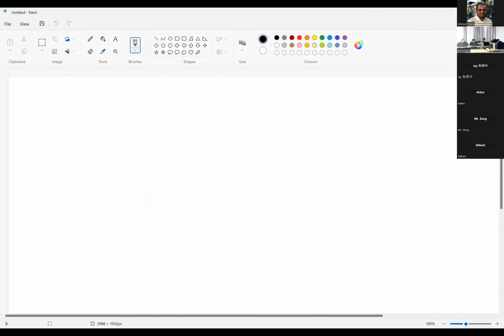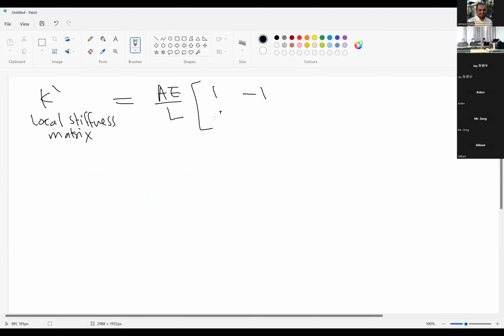From last week, we know that K dash, the local stiffness matrix of a truss, is equal to AE divided by L times 1, negative 1, negative 1, 1.